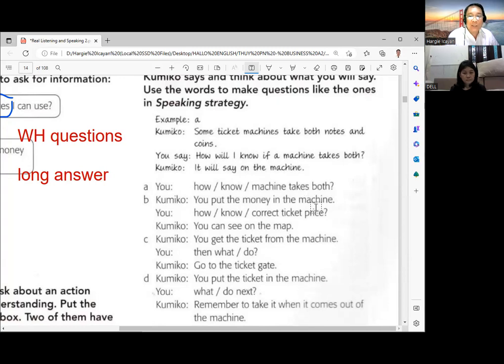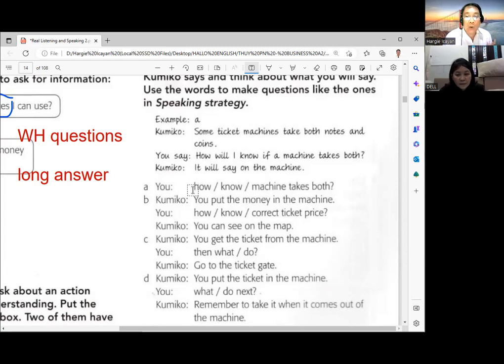Okay, next, letter A. How are we going to arrange these words in order to make a question? So, how, yes, correct. How do I know?